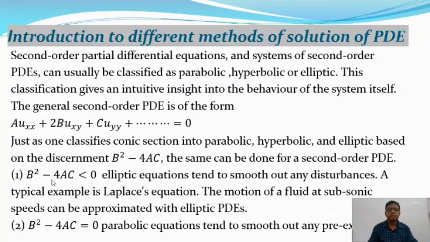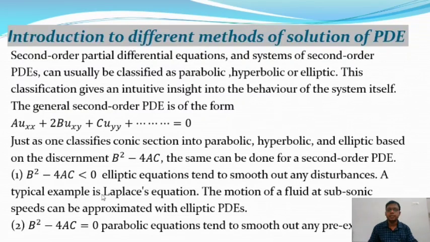There are three natures of the discriminant: it is either less than 0, greater than 0, or equal to 0. If B² − 4AC is less than 0, then the elliptic equation tends to smooth out any disturbances.